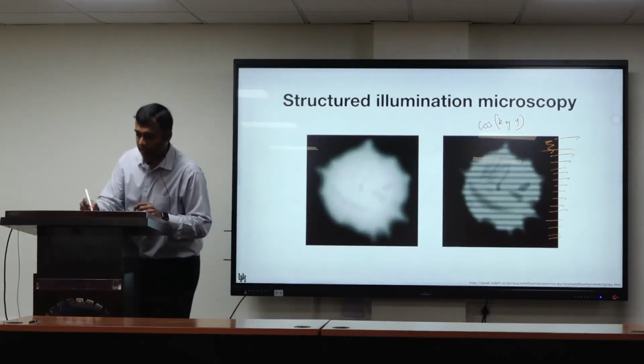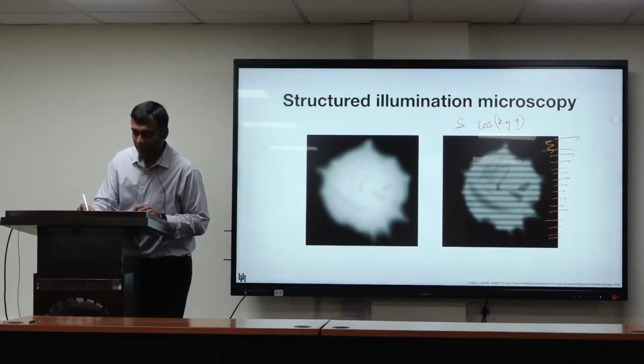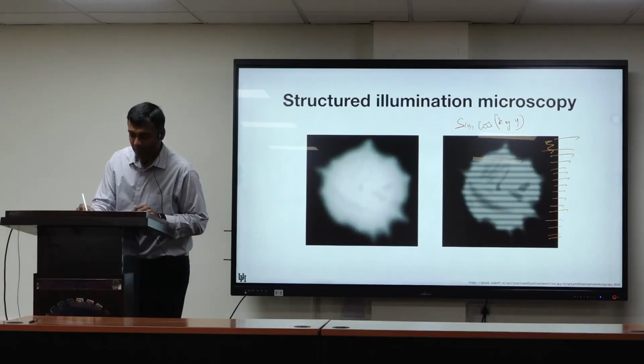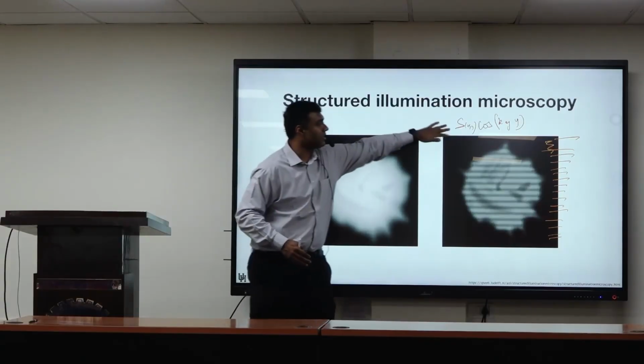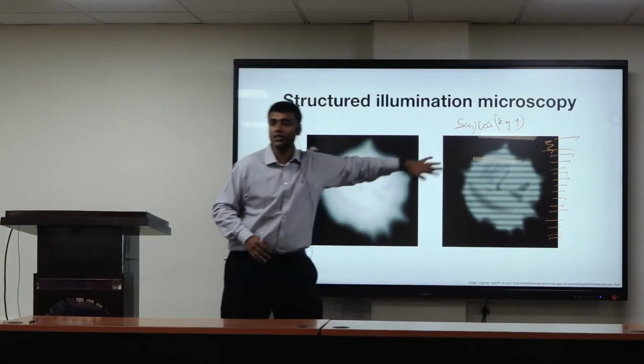So if S of x comma y is your object, what you do by illuminating with this structured light is that the structure is a cosine function.